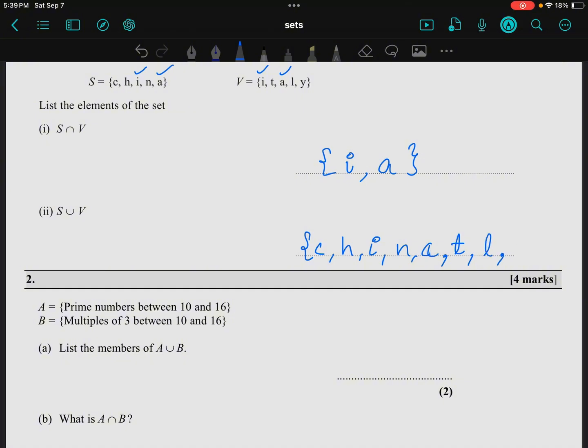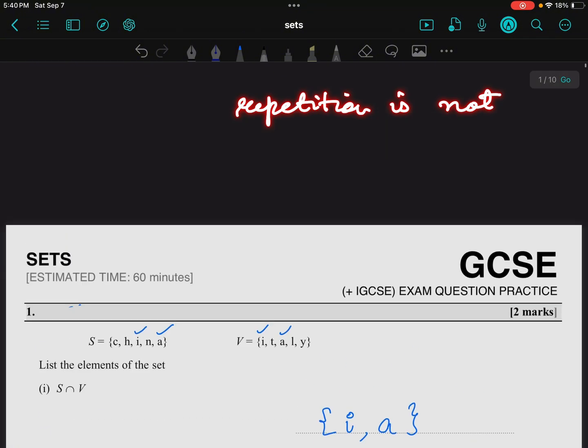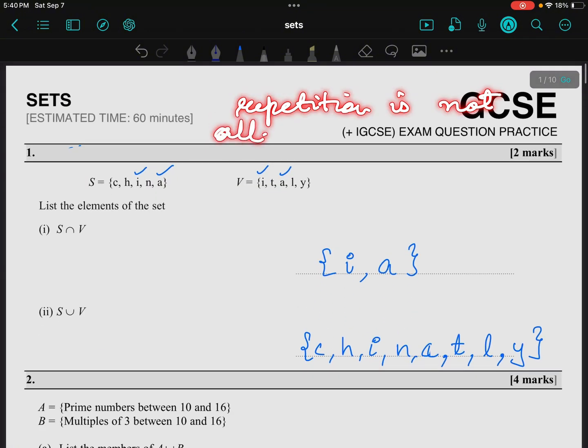Then L and Y. So in sets, what is not allowed? Repetition. Repetition is not allowed in sets. So you will not write the same element 2 times.